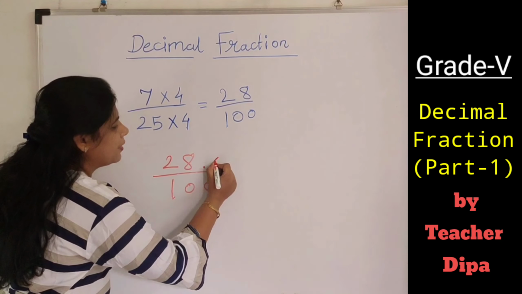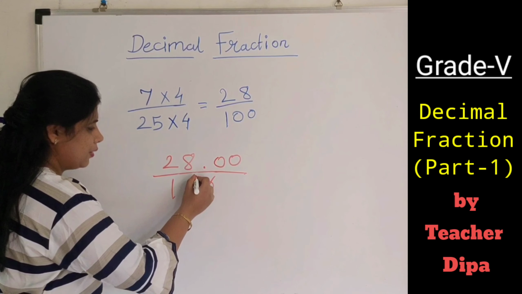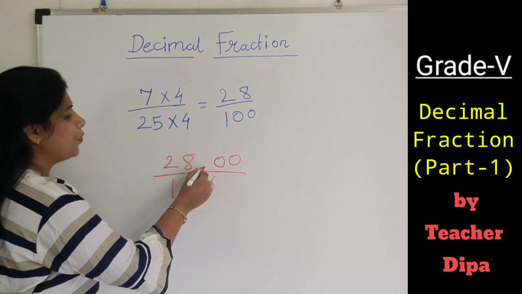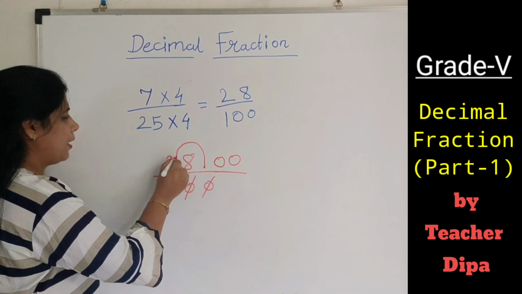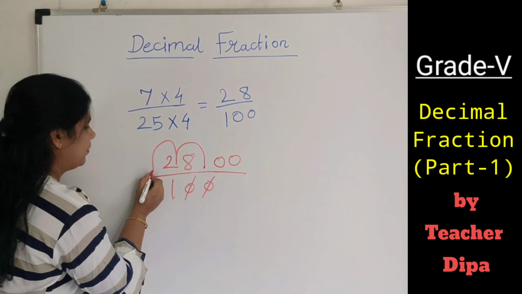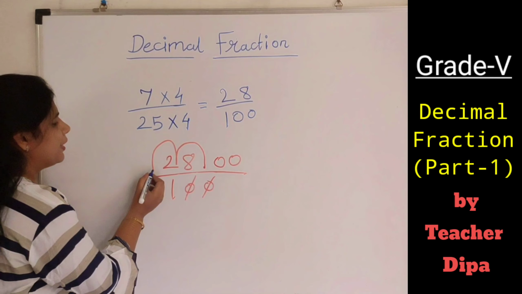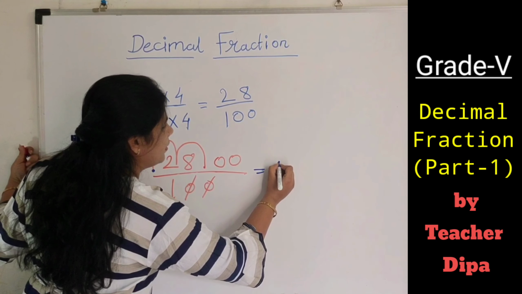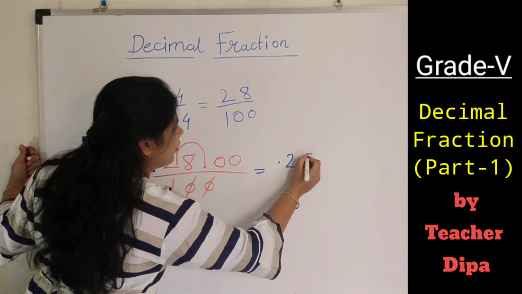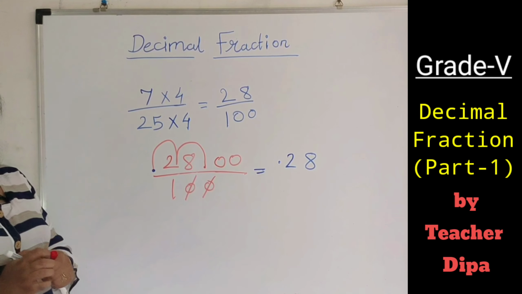We have to put the decimal point there: cut these 2 zeros and jump 2 times. This is 1 jump and this is 2 jump, and your decimal point will come here. So you can put your decimal point over here and you will get the answer 0.28.